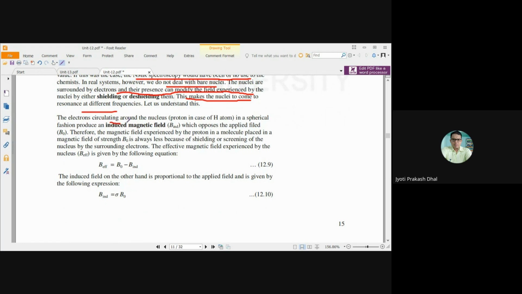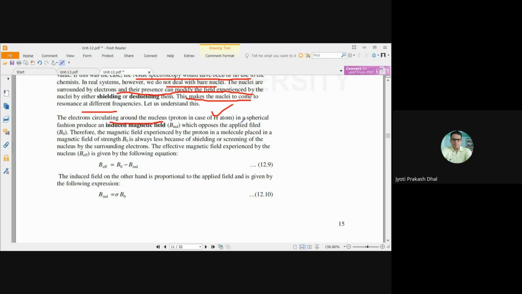All the theory we have discussed till now is applicable for bare nuclei, but in the actual case the analysis of bare nuclei is impossible, because electrons are circulating around every nucleus. So let us consider the case of the hydrogen atom.